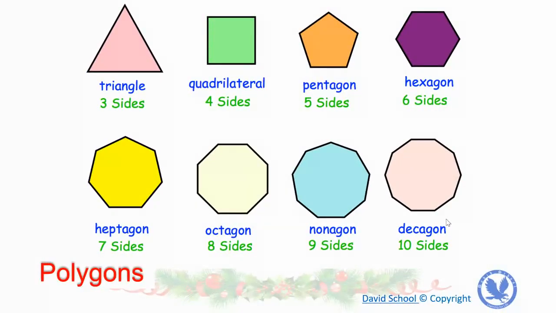We have all these polygons, but in this lesson, we're going to learn about triangles and quadrilaterals. So lesson 2 is about triangles and lesson 3 is quadrilaterals. When we compare shapes, if they look the same, then we use the word congruency. For example, look at these two triangles.